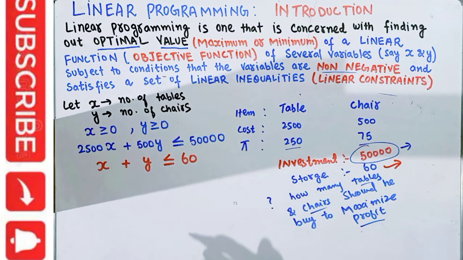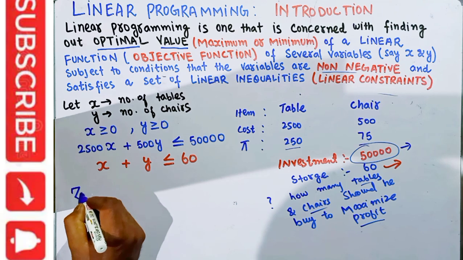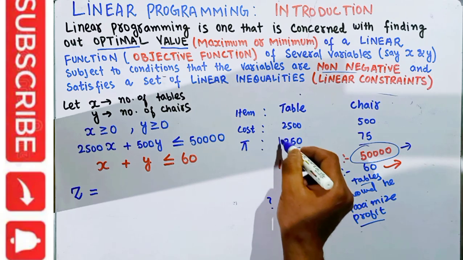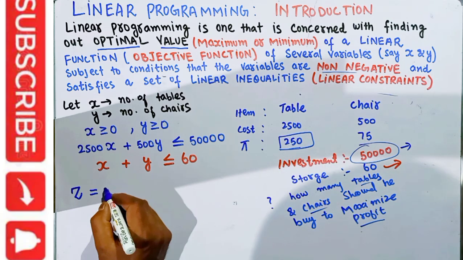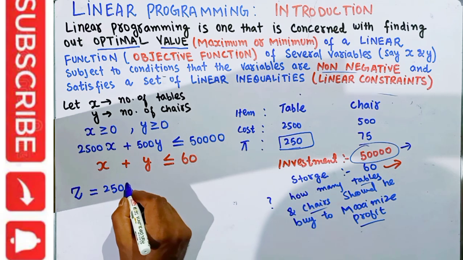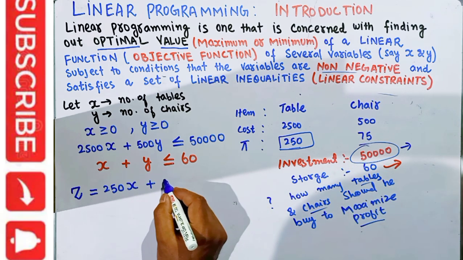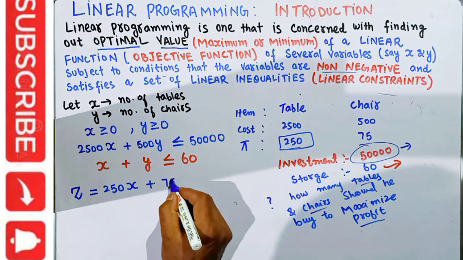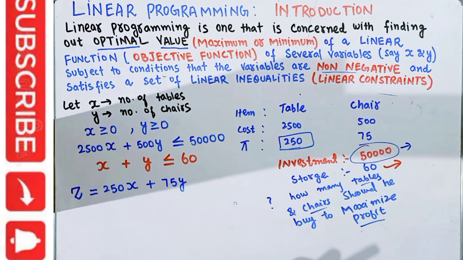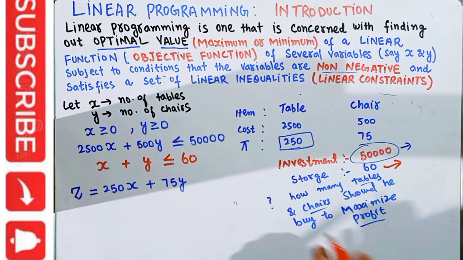Let's denote profit by Z. The profit is 250 times the units of tables, x, plus 75, the profit from selling one chair, times the units of chairs, y. This is the total profit for the dealer.